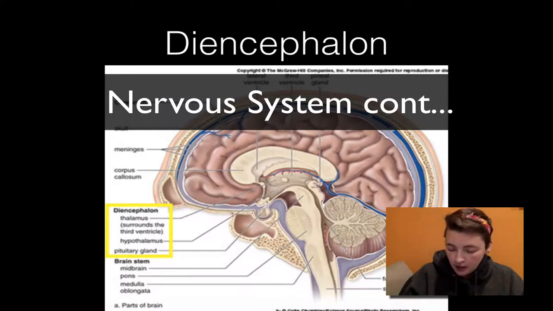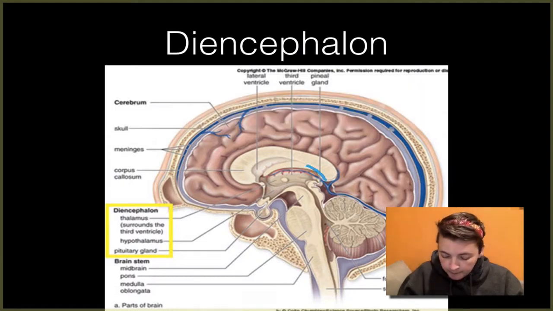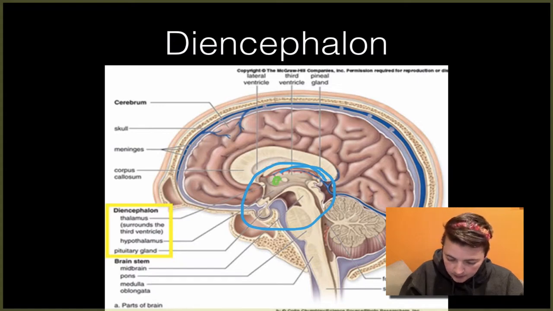The diencephalon consists mostly of the hypothalamus and the thalamus, but it is this area right here. The thalamus is here, and the hypothalamus is here.